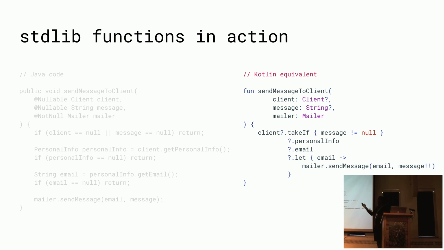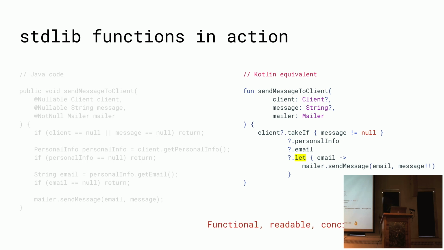And here we use the takeIf, and we're checking here if the message is not null. So the takeIf is one of the special functions that comes with Kotlin, and here it passes this block if the condition is true, and we get the personal info, the email, and then we use the let that we just saw, and we also rename the variable here, and it becomes really easy, functional.